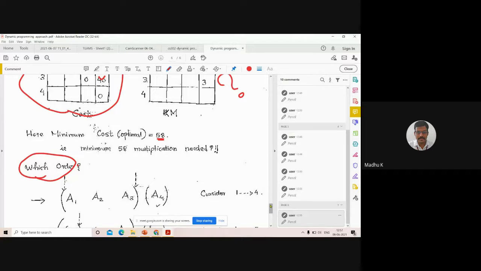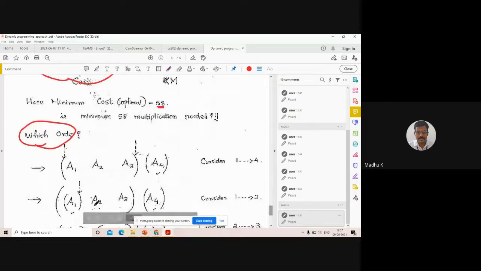Initially there are 4 matrices A1, A2, A3 and A4, numbered 1, 2, 3, 4.